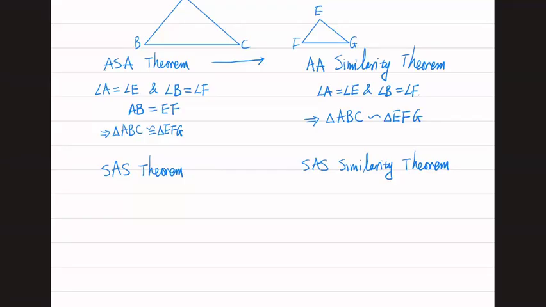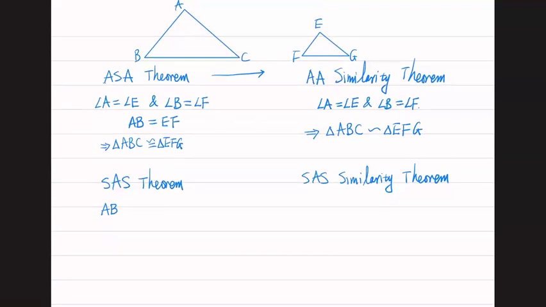It states that previously we said AB equals EF, AC equals EG, and angle A equals angle E. I can reformulate the first pair of conditions.